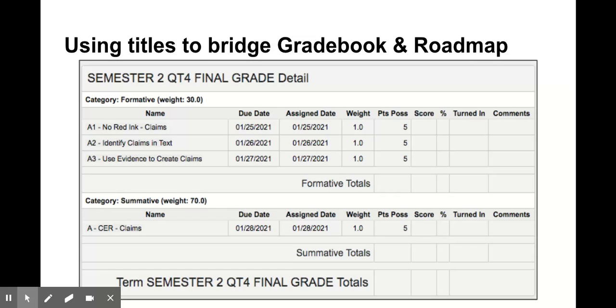So if a student can go back and see that they performed well or did not perform well on either A1, A2, or A3, they know that that will have an impact on their summative A quiz.